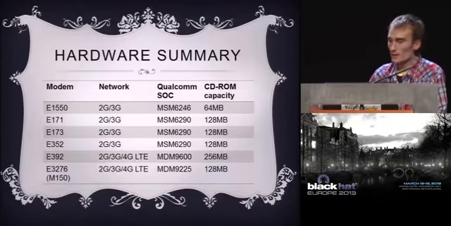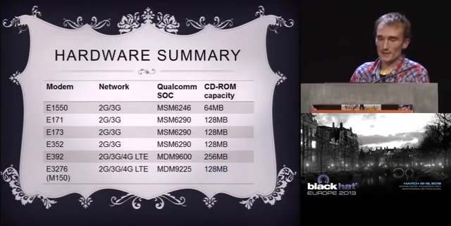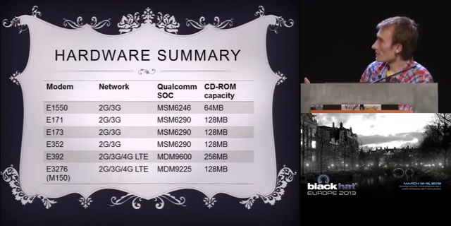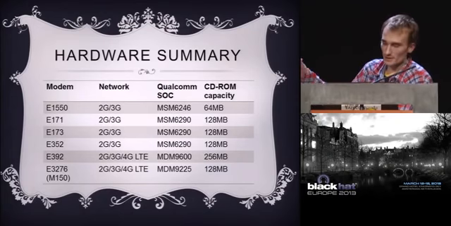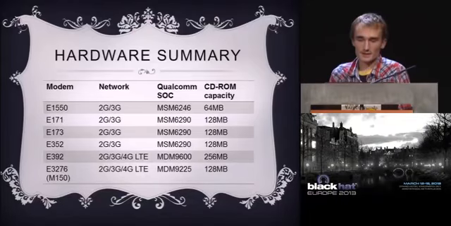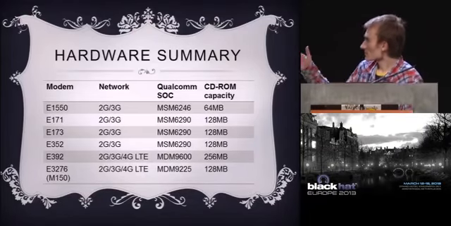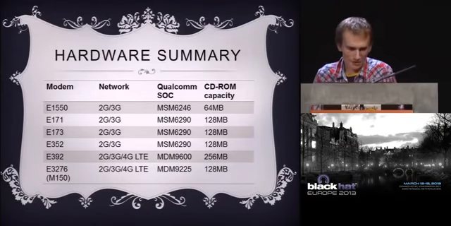In this table, I want to show that there are a lot of devices, but in fact, they have a lot in common. They are all based on Qualcomm chips. The chip versions differ, but not a lot. And the capacity is also 64 megabytes, so they're all common.